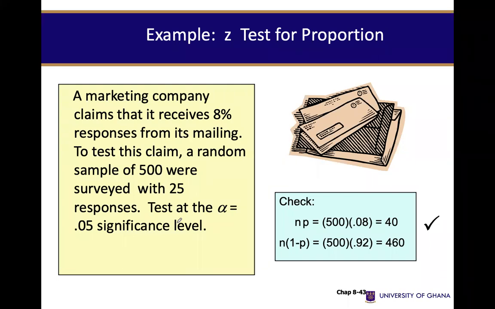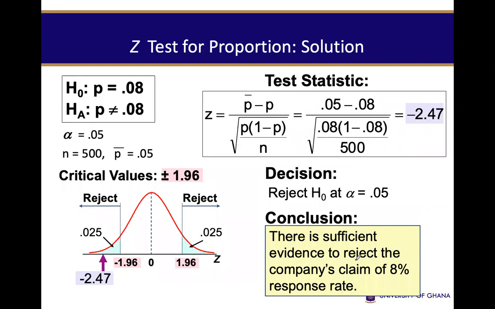And before we even move on, we have to check whether np is less than or equal to 5 or greater than or equal to 5. So when we check our n, which is our sample size 500, times the p of 0.08, that is actually 40, and then n into 1 minus p is actually 460. So we are good to go. So we can apply the knowledge of hypothesis testing for this particular problem.